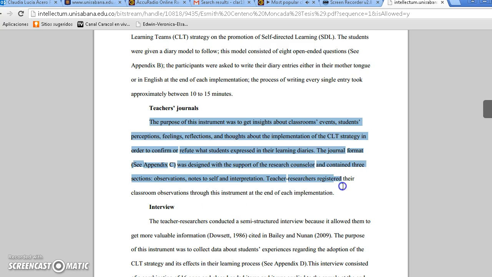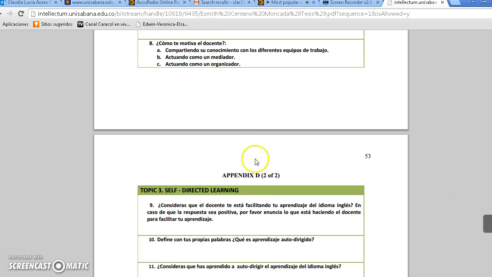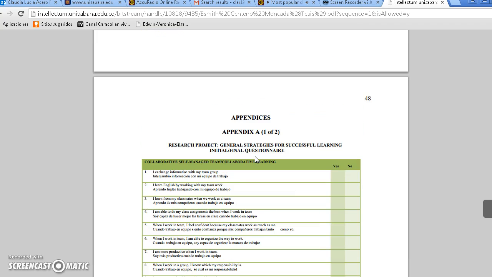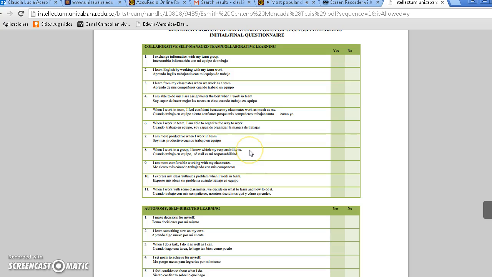Same as the teacher's journal, we need to have a format. I will show you, let me scroll down. For example, this study selected a strategy of collaborative learning as the strategy to solve problems.